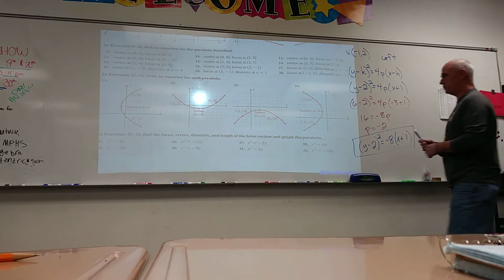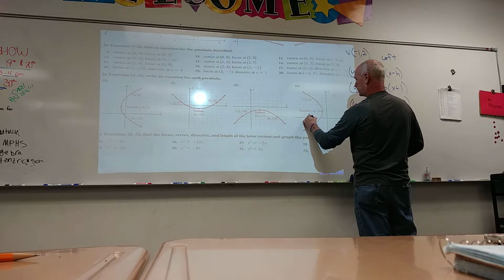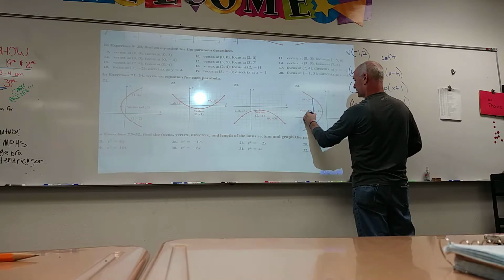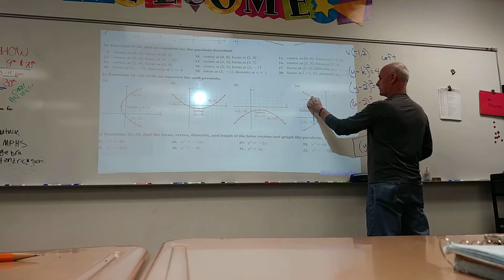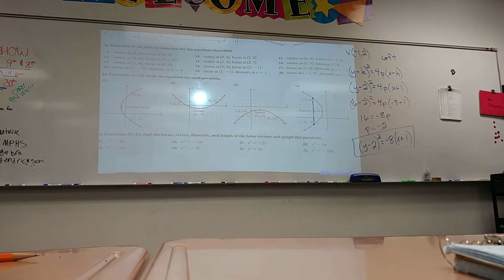All right, now I want to talk about something else on this one. You were talking about these two points, and you're asking if this, wow, that's supposed to be a straight segment. It's not very good. You're wondering if this is the latus rectum. It is. Yes.